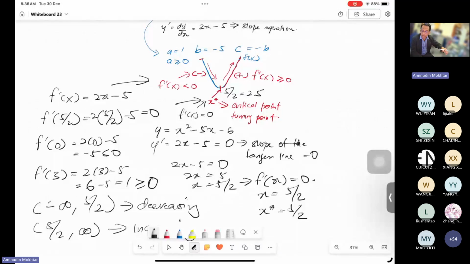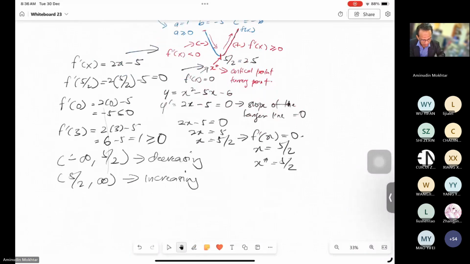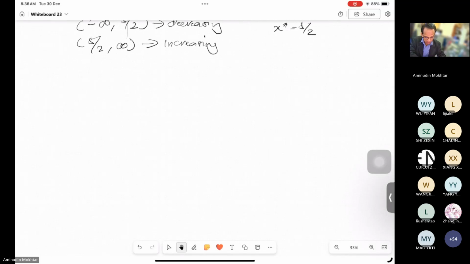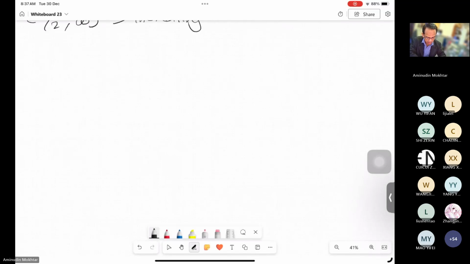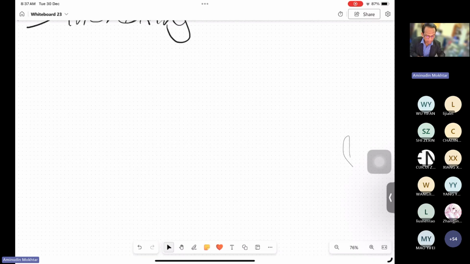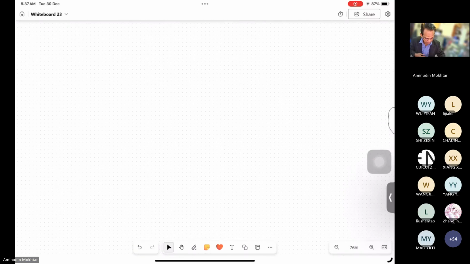Let's say we have TR. What is TR? The revenue function.